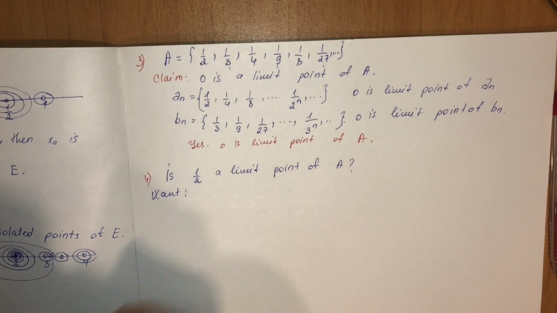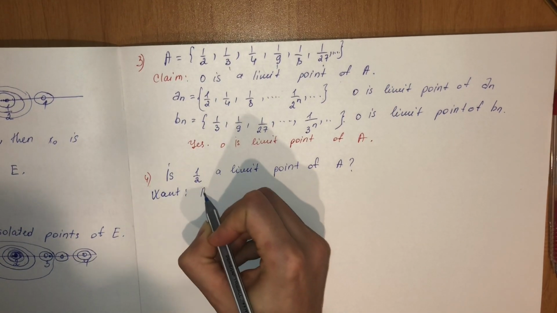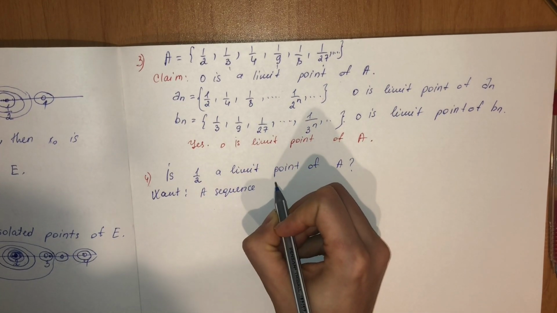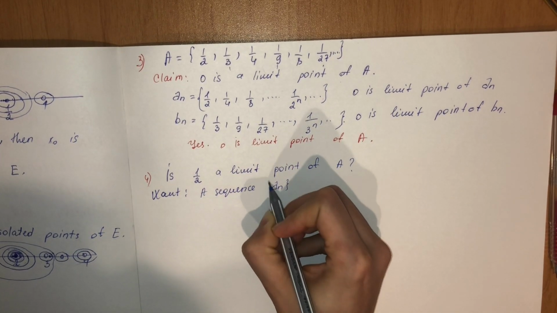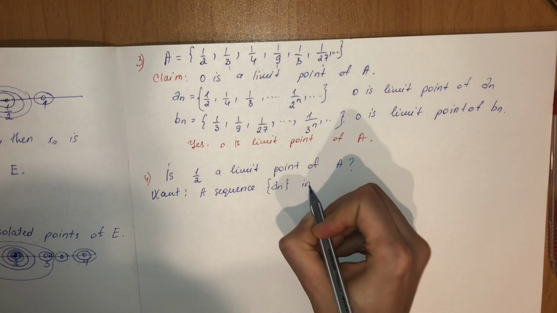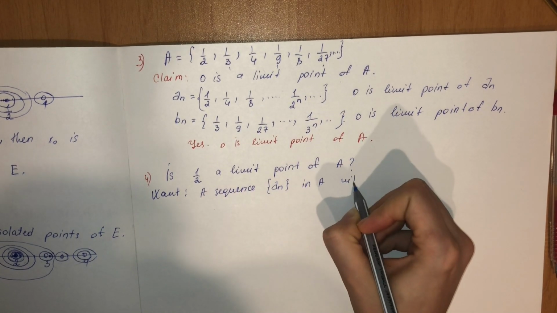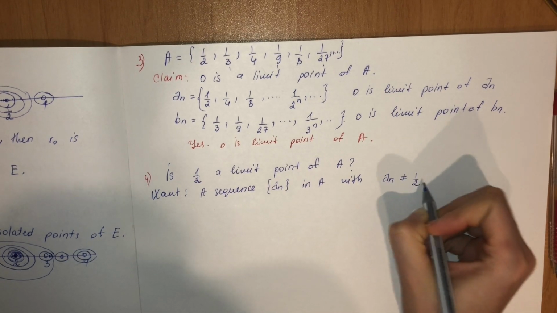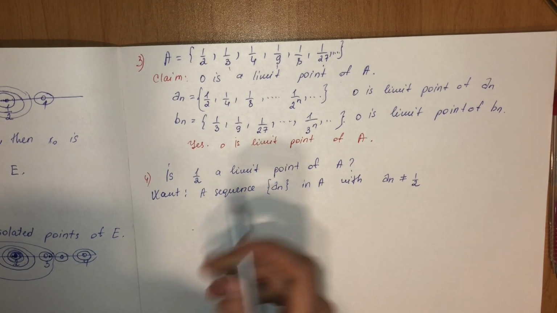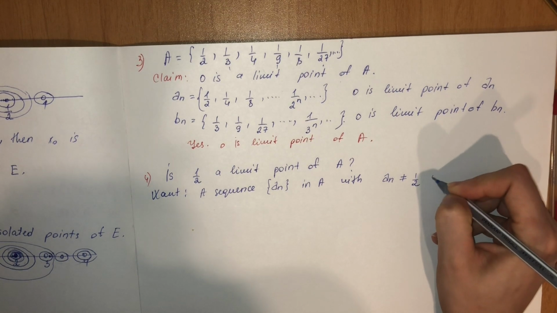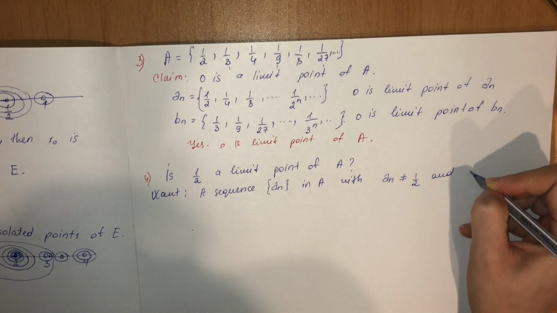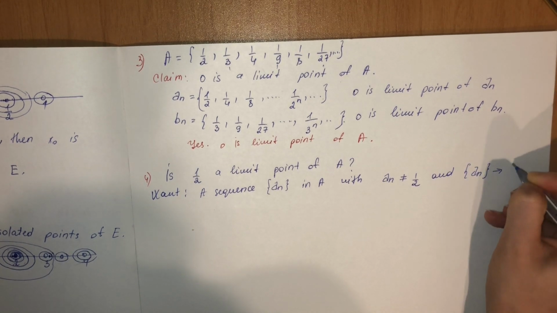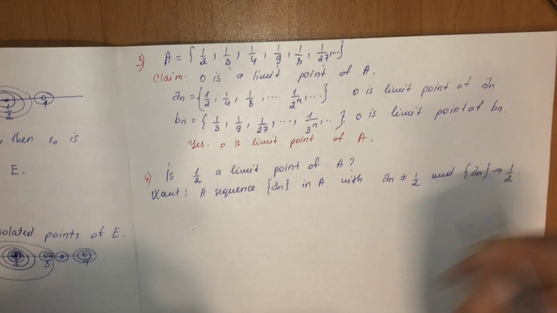We want to find a sequence, for example delta n in A, with delta n not equal to 1 over 2, and delta n should converge to 1 over 2.